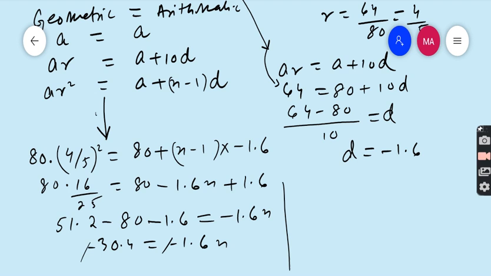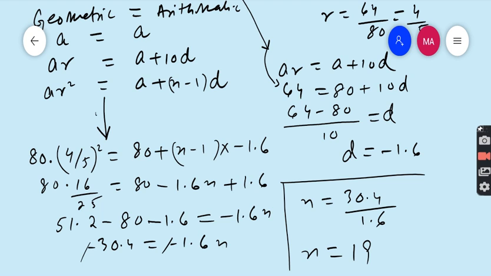This minus cancels by this minus, and n is equal to 30.4 upon 1.6. So 30.4 upon 1.6 is 19. This is the answer of question number 7.